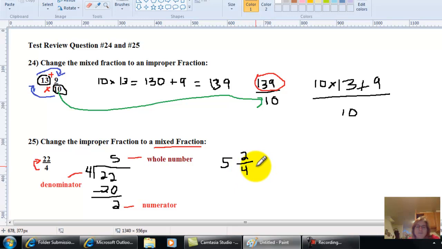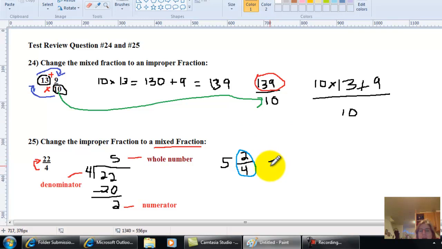That doesn't change. And you can reduce this part of the mixed fraction. Whenever you can reduce the second part of the mixed fraction, reduce it so that you're completely reduced to lowest terms.